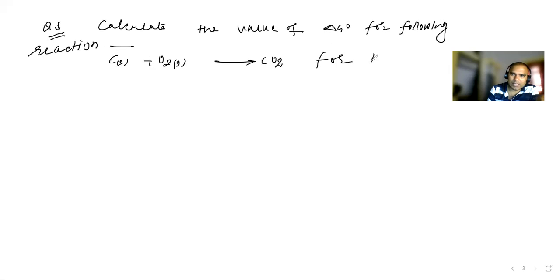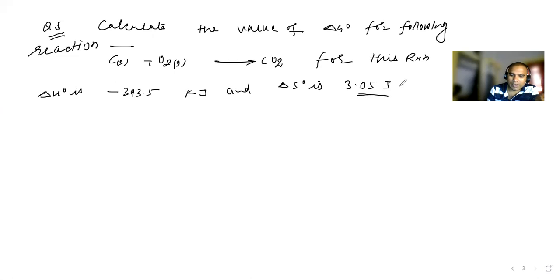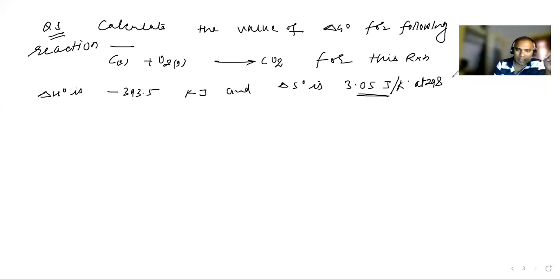For this reaction, the information given is: delta H naught is minus 393.5 kilojoule, and delta S naught is 3.05 joule per Kelvin. Here you see the units: kilojoule, and here joule per Kelvin. At 298 Kelvin.